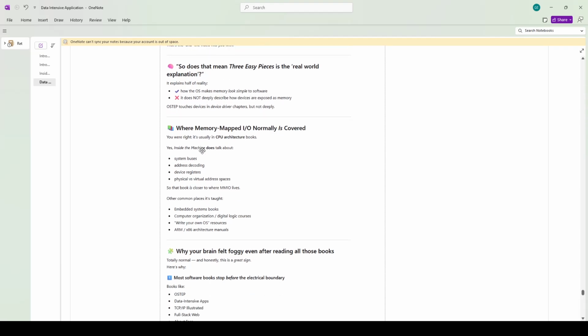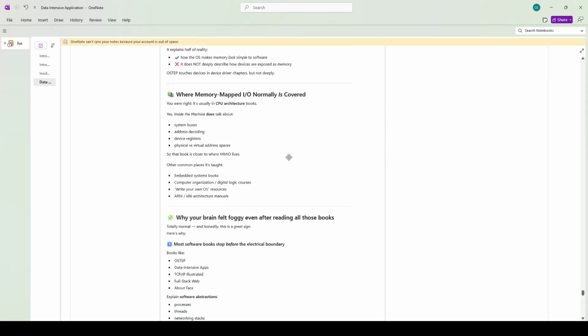OSTEP touches devices in the device driver chapters, but not deeply. Where memory-mapped IO is normally covered, you were right, it is usually in CPU architecture books like Inside the Machine. That will complete your knowledge of how the hardware actually works.